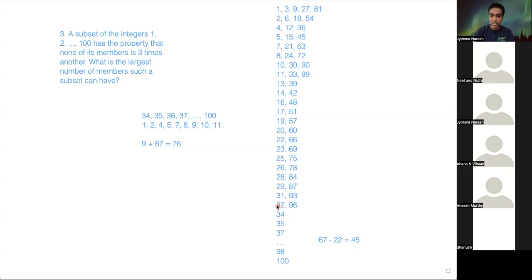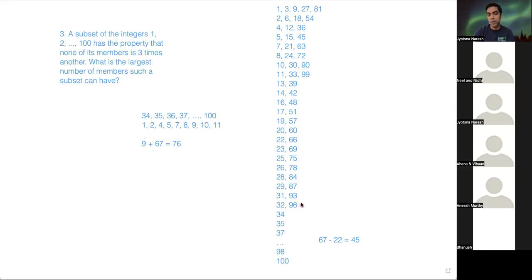Let's now look at these, 32 and 96. What is the maximum number from this set that I could choose? Could I include both of these or do I only include one?